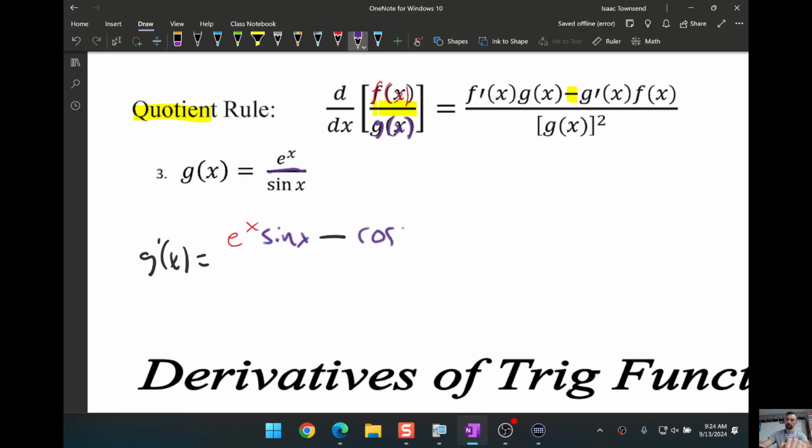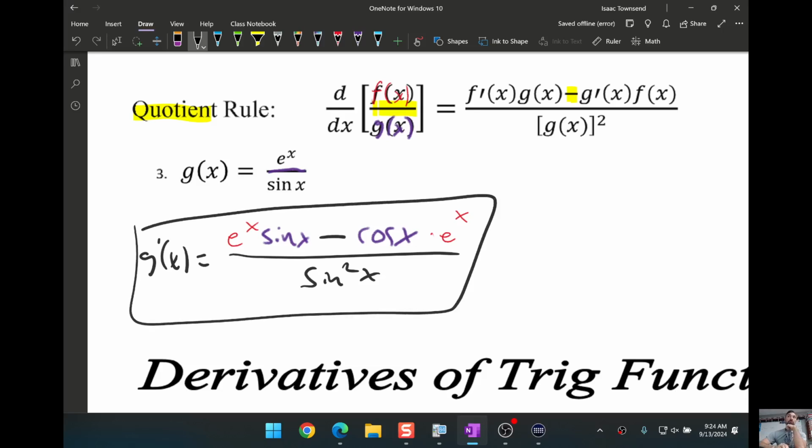Okay, times the numerator left alone, e to the x. And then the part that students sometimes forget, so make good habits here, don't be lazy: the whole thing is over sine squared. Sometimes people try not to write that until the very end, but then they forget about it. So technically that is its derivative.